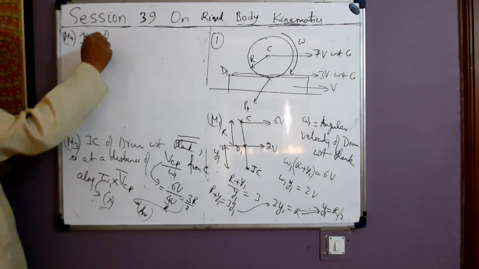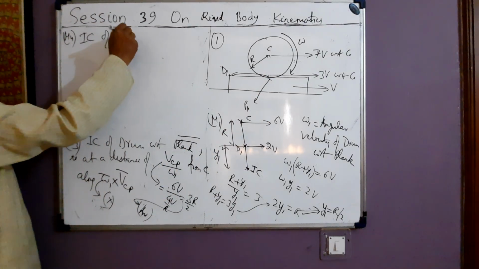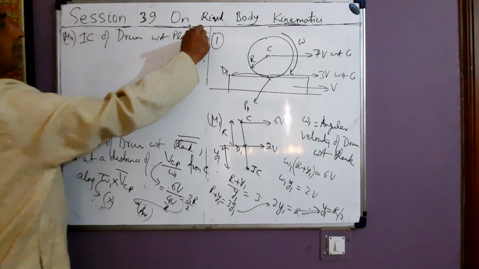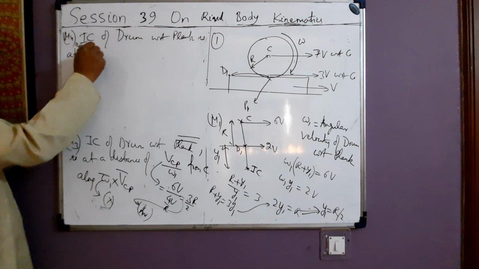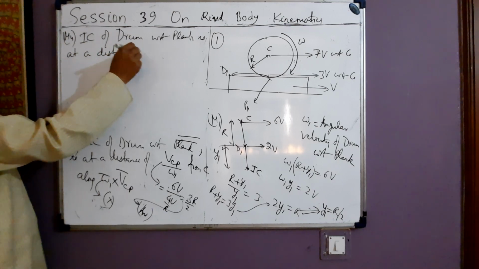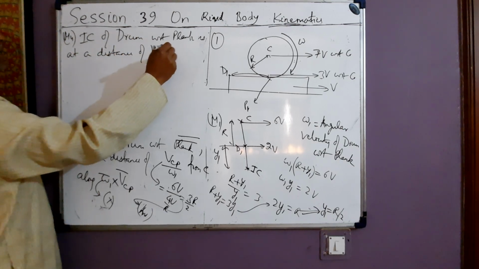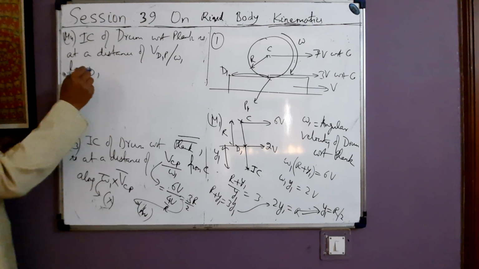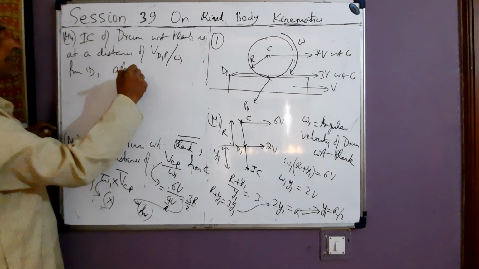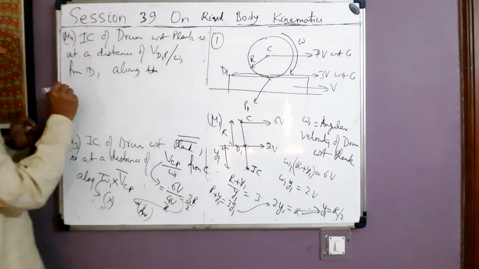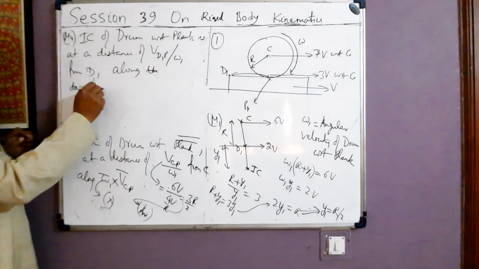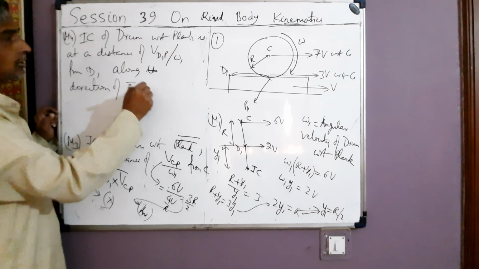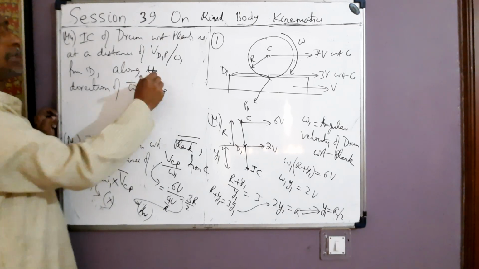So IC of drum with respect to plank is at a distance of VD1P by omega 1 from D1 along the direction of omega 1 cross VD1P.